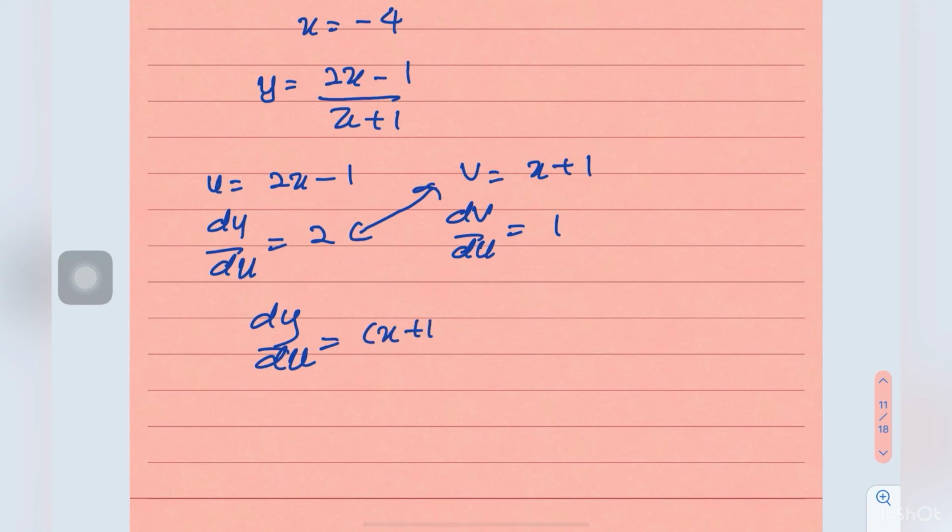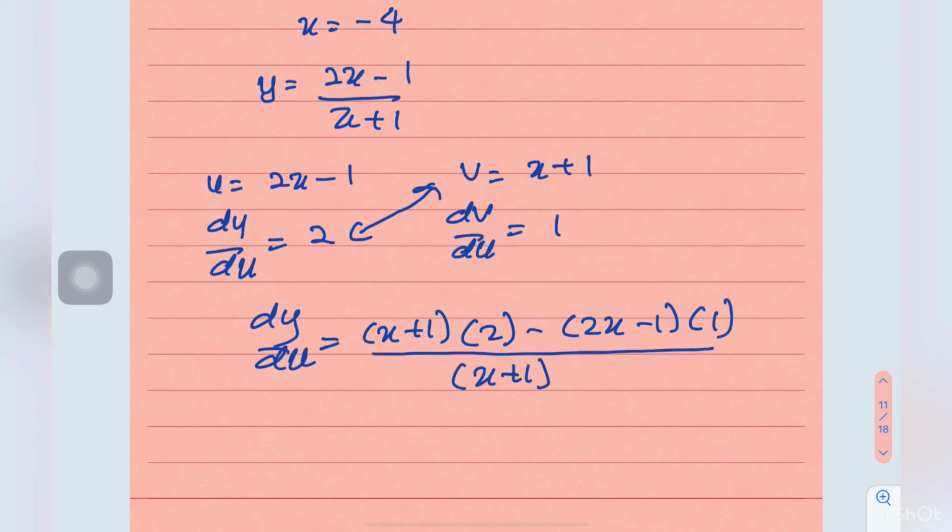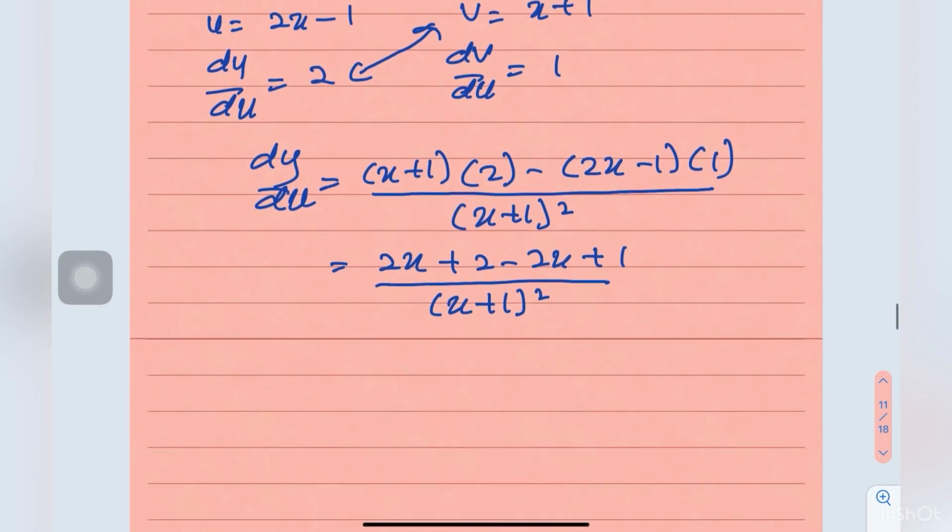So (x plus 1) times 2 minus (2x minus 1) times 1, over (x plus 1) squared. Okay, here we have 2x plus 2 minus 2x plus 1 over (x plus 1) squared.